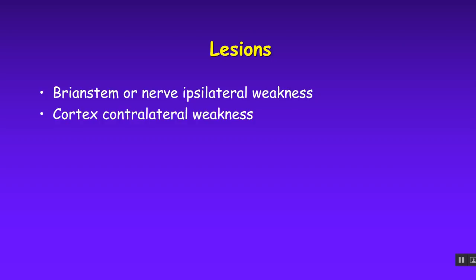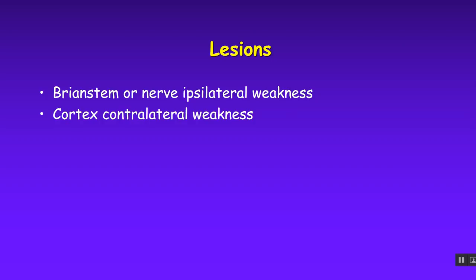It'll deviate to the right, because the left side is doing a better job of pushing the tongue out, and the right side's not matching it. So the left side pushes, and the tongue will turn to the right, towards the side of the weakness.